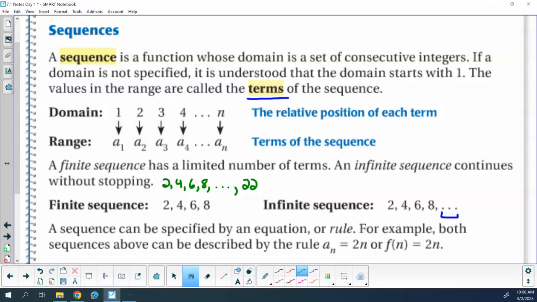In the green case, it's saying that that pattern continues until you get to a term that is equal to 22. In the blue case over here, that's saying that that pattern continues forever and ever. Okay? So it's kind of the dual meaning of those three dots. In the green case, it's a space saver, so you don't have to write out every single term.